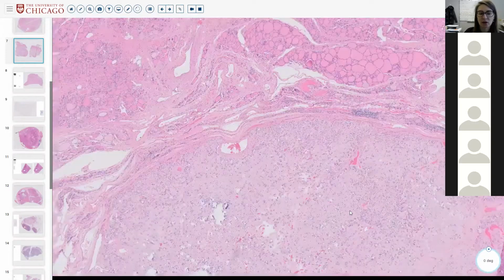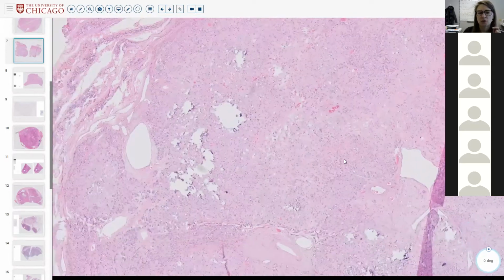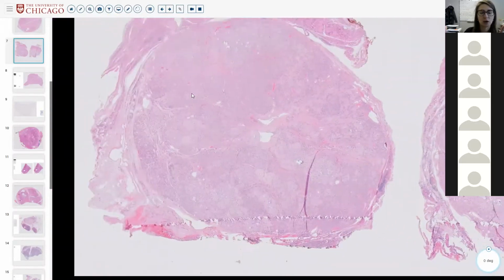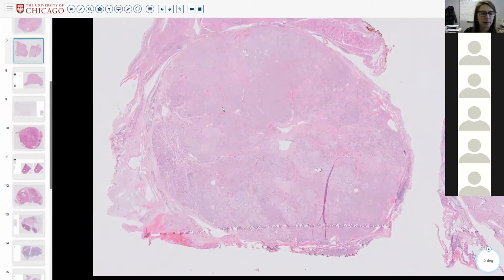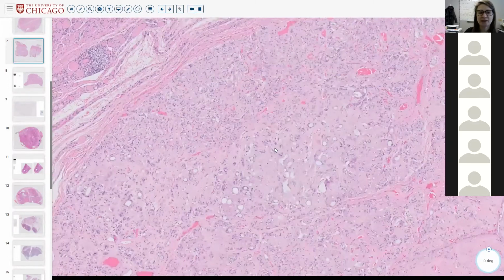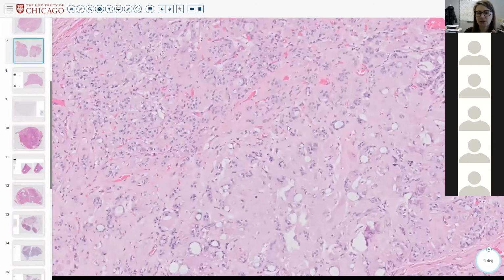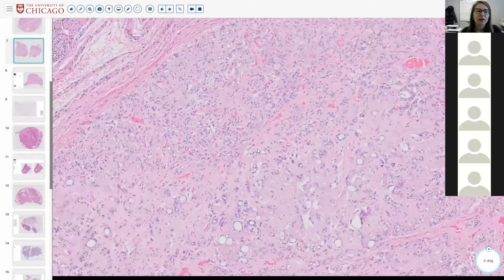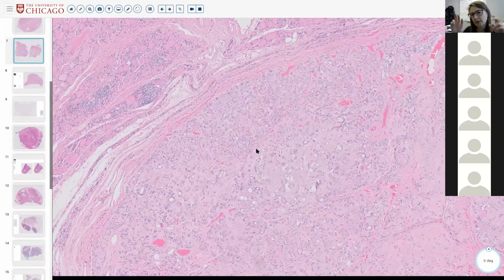It used to be called, and some people still call it, the hyalinizing trabecular variant of papillary carcinoma because of the nuclei. Other people say it may be a variant of papillary carcinoma, but it hardly ever metastasizes with this morphology, so we just call it a tumor, to not call it benign or malignant. In the past it was called hyalinizing trabecular adenoma, but because some say it could rarely metastasize, it was changed to hyalinizing trabecular tumor.